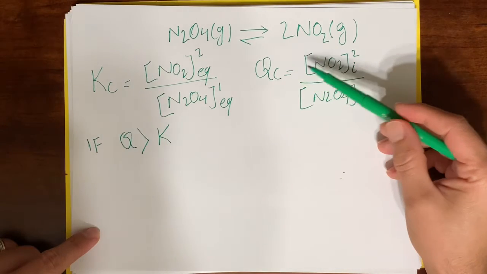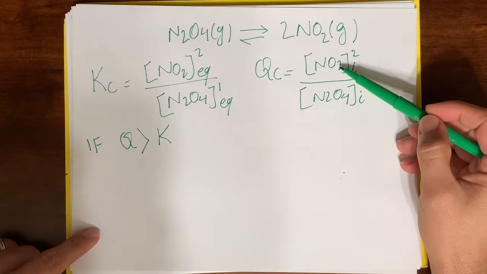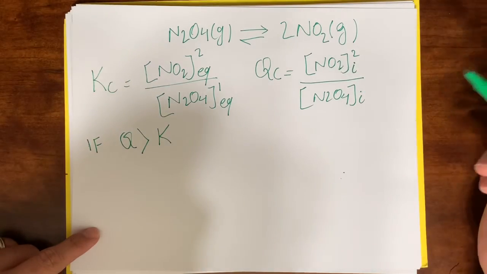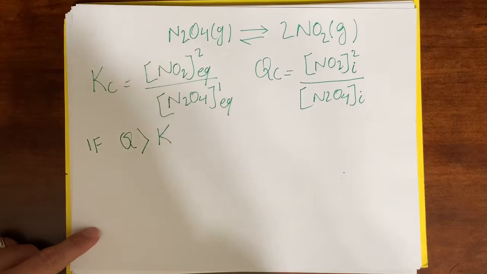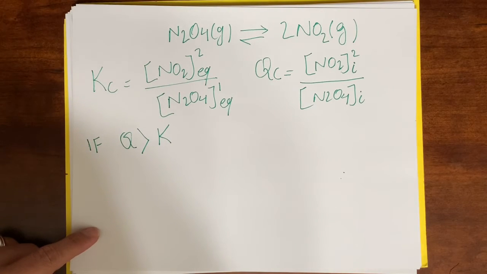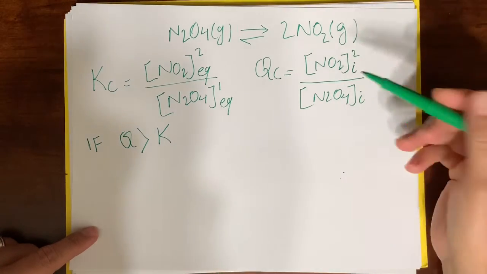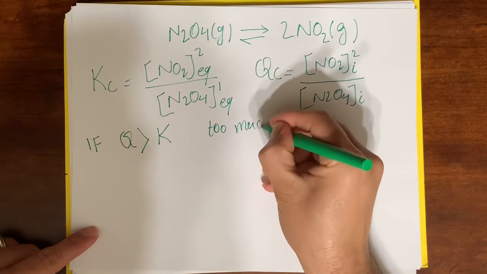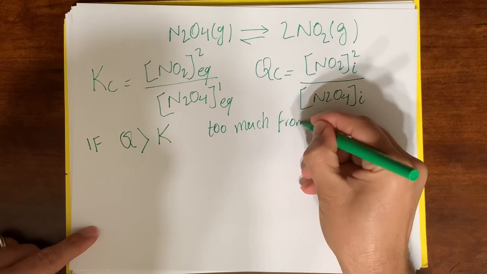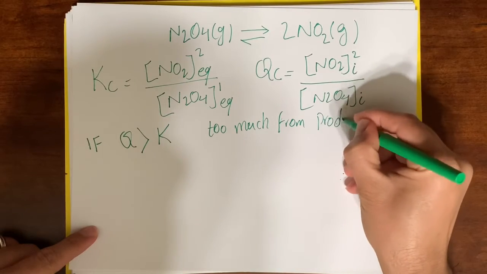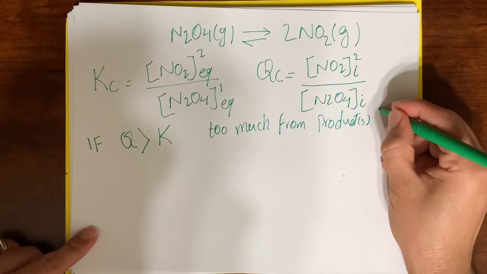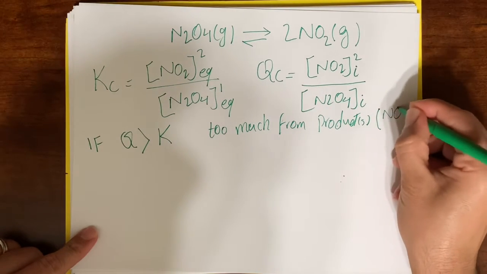So in this case we have too much of the product, and our product in this case is NO2.